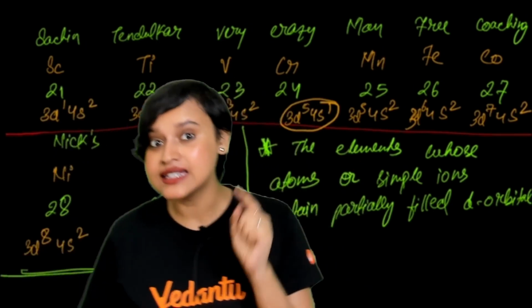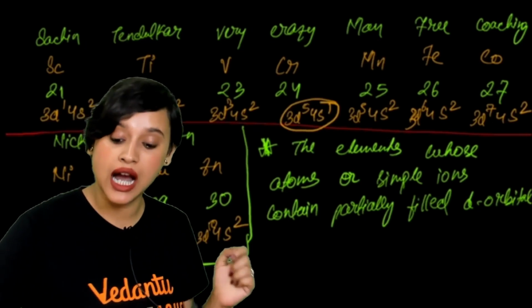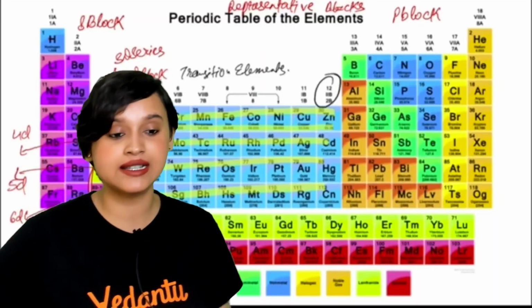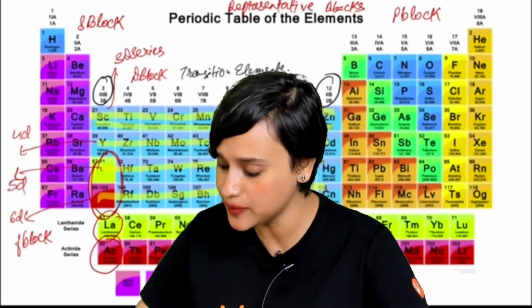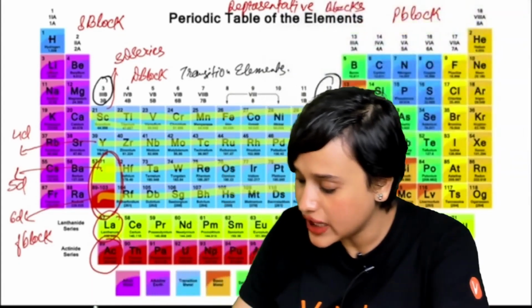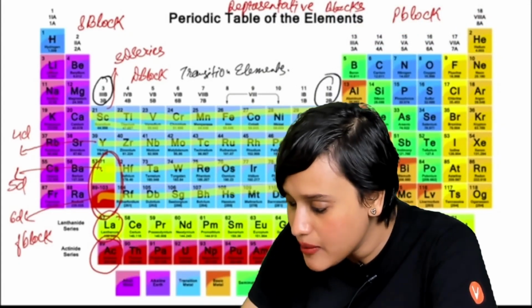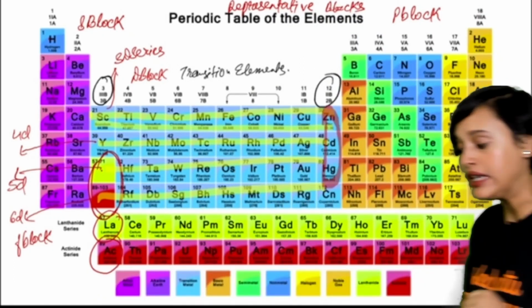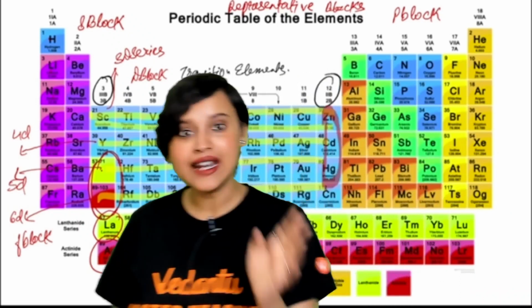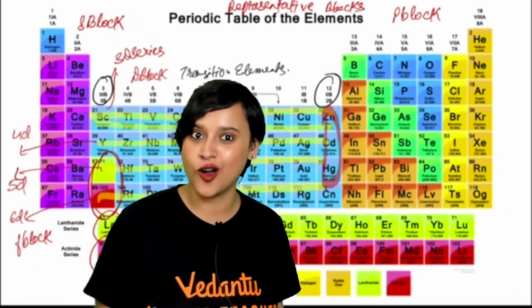And if that is the case, my dear student, now coming back to the periodic table here, you have to very well understand that. Take a look at it, everybody. This zinc, cadmium and mercury. Do you see? Zinc, cadmium and mercury. Even as an atom, they have fully filled d orbitals.